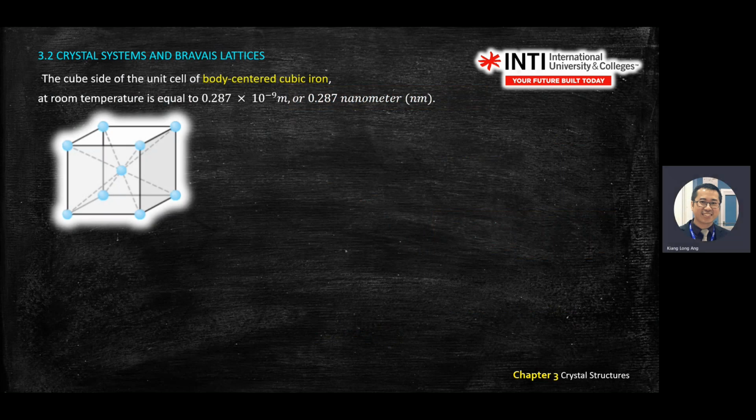Okay, we start with the first type, BCC. BCC has one atom at the center of the cube. So how many atoms do you have inside this cube, in the unit cell?